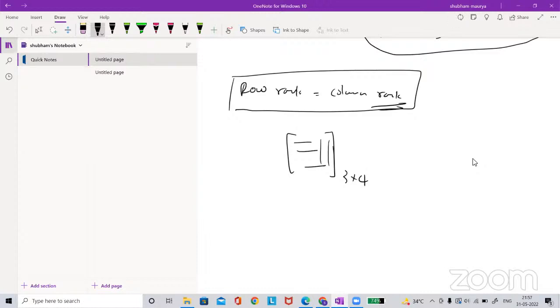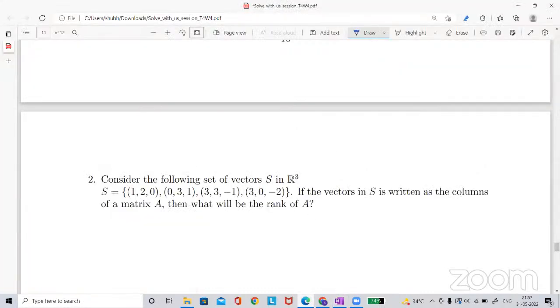Sir, when I calculate the rank of a matrix, I first arrange the vectors as a matrix, then I form the row equivalent form, then I count the non-zero columns or non-zero rows. Actually, see, when rank of a matrix is asked, it means you have a given matrix.